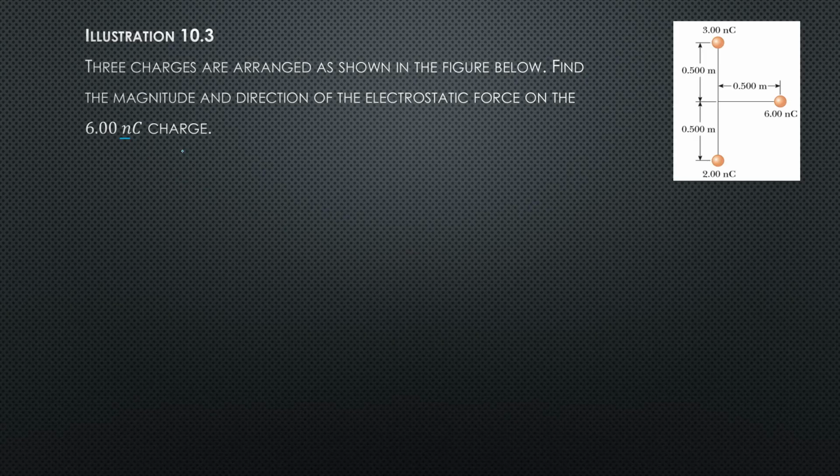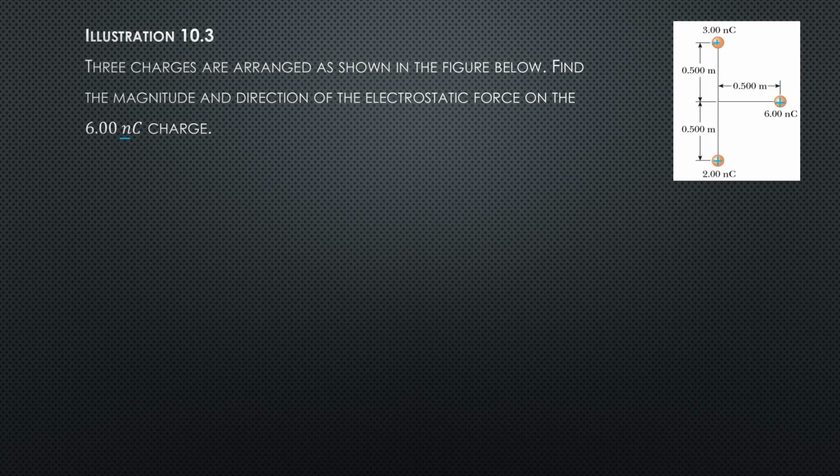Based on the figure, you have 3 nanocoulomb and there's no sign, so this is a positive charge. Then right at the bottom there is a 2 nanocoulomb with no sign, so assume this is positive. And this is a 6 nanocoulomb which is also a positive charge, so all of them are positive charges. The distances are given.